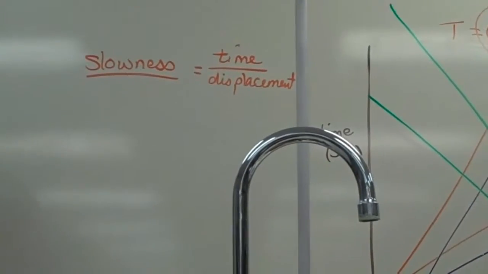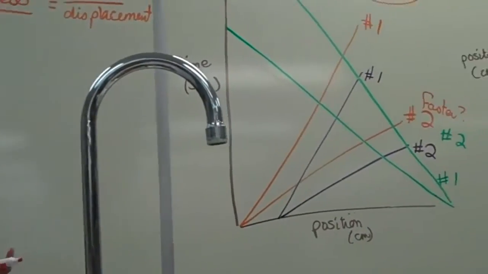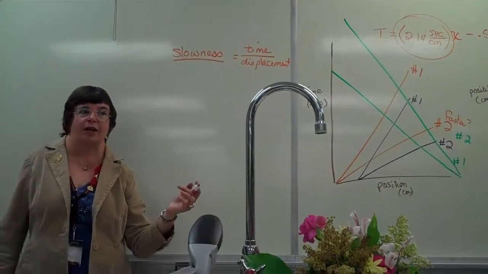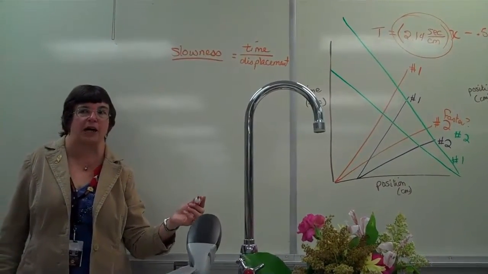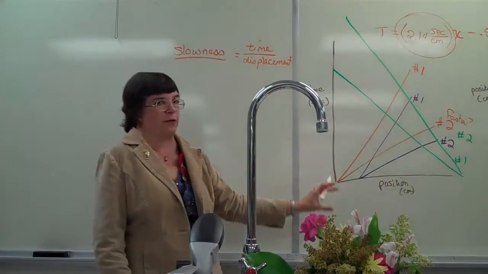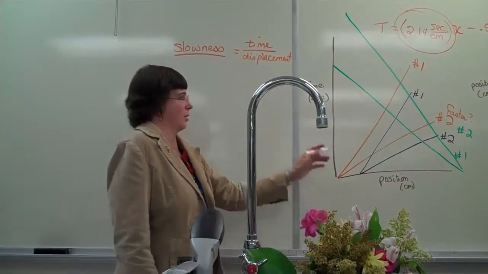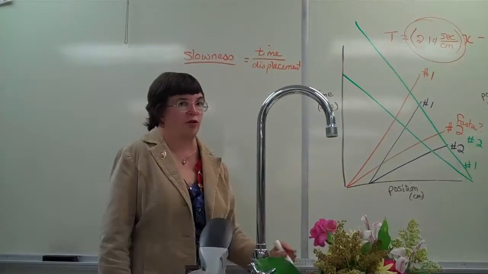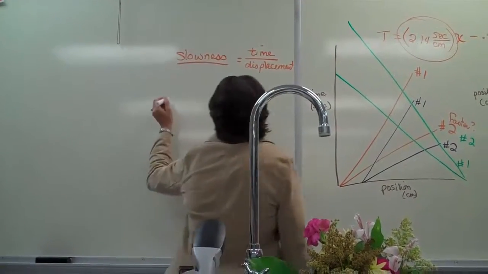You ever dealt with slowness before? It's not as intuitive. It is not something that's in 99% of people's common experience. So it is less easy for us to work with a graph like this. So the slope of a time position graph is slowness.